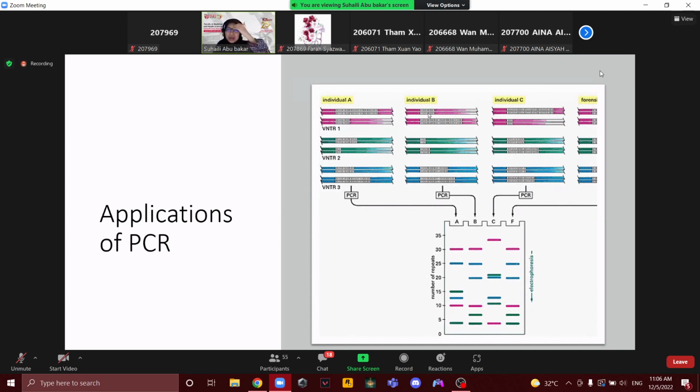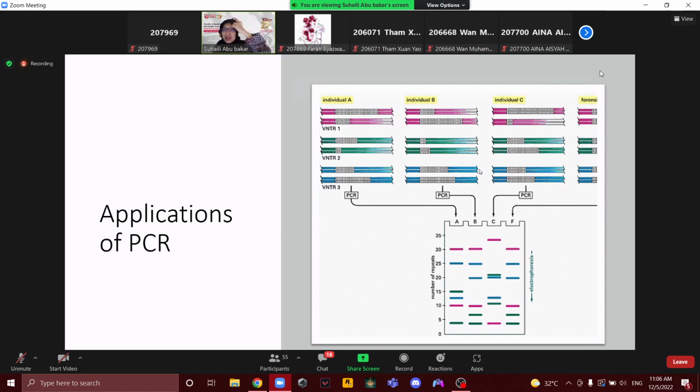Kan? This one individual B, individual C. See? Okay. Tertruncated kat ni gambar ni. Saya check semula saya rasa ni daripada forensic crime scene ni. Ini from suspected, from the DNA fraction get from the crime scene location rasanya.